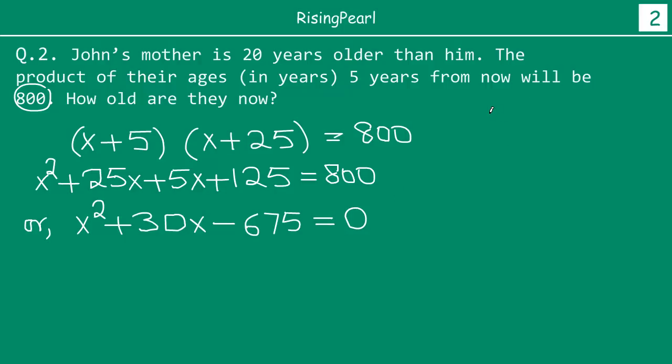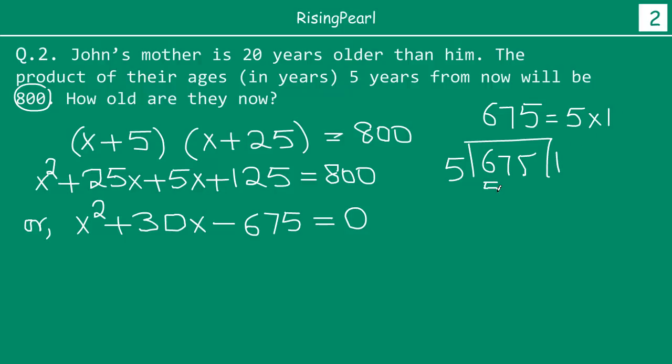So if we were to try middle term factorization, we have 675. This is divisible by 5. If we divide 675 by 5, 5 ones are 5, 5 threes are 15, so we get 135.